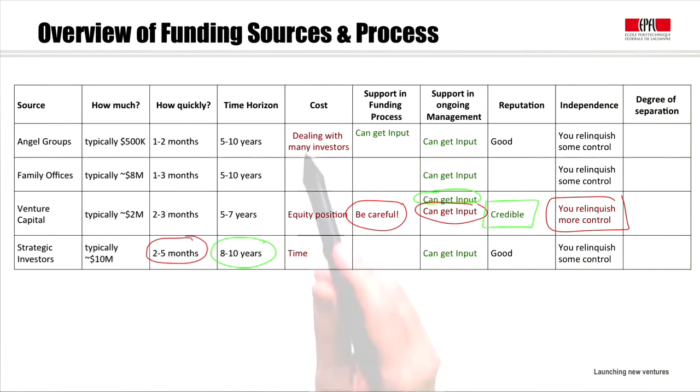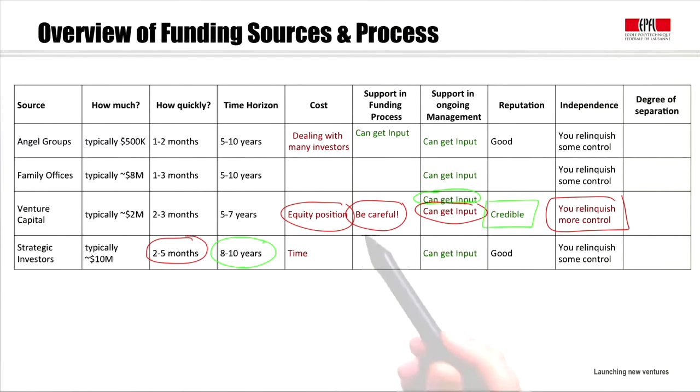And they're going to take an equity position in your company. They're all going to take equity positions. But they're going to be more active investors, venture capitalists. The only last couple things that I wanted to say here about angel groups, you can have many investors, and as it's a group, they're not working together for the same company.